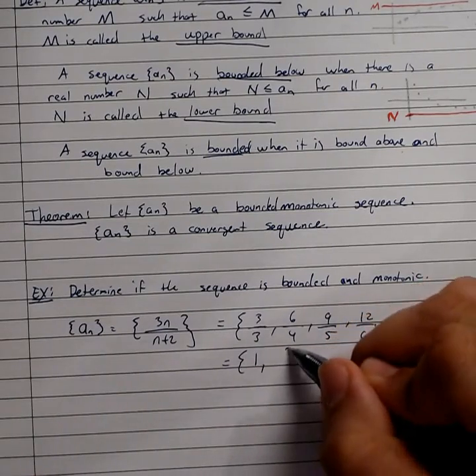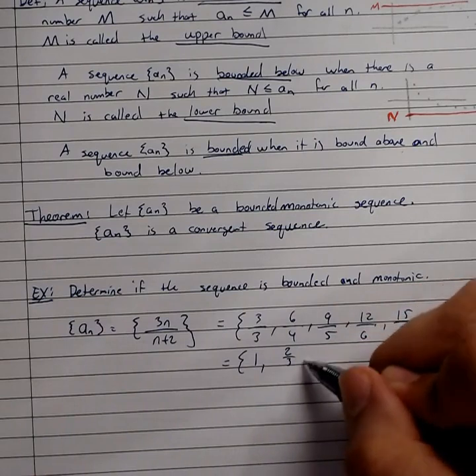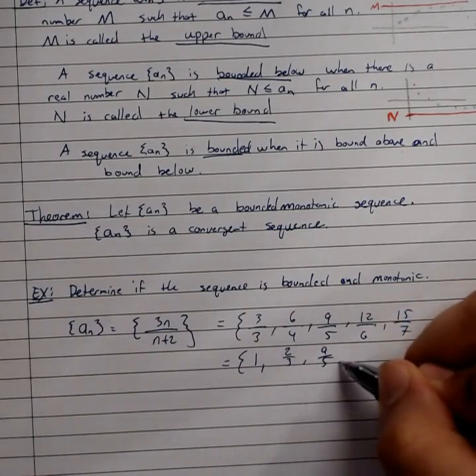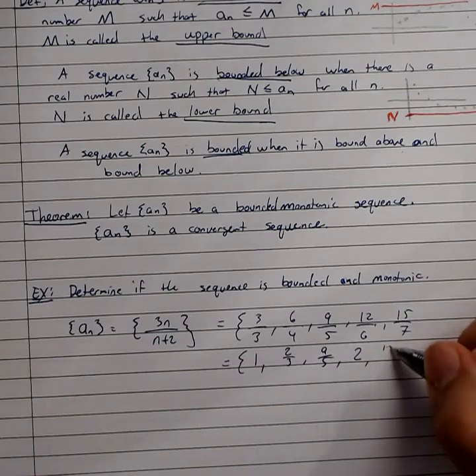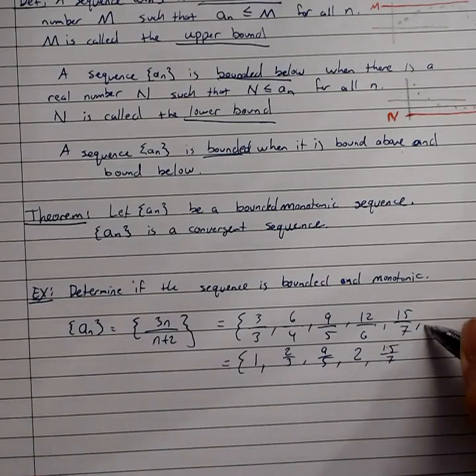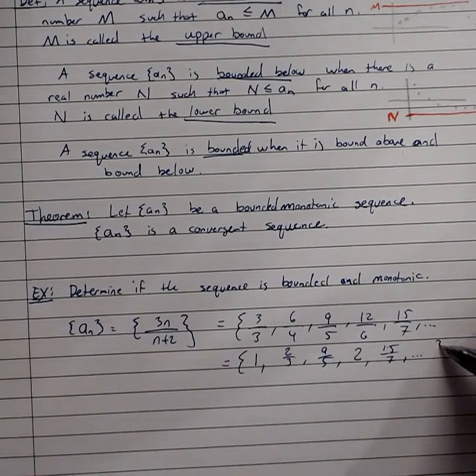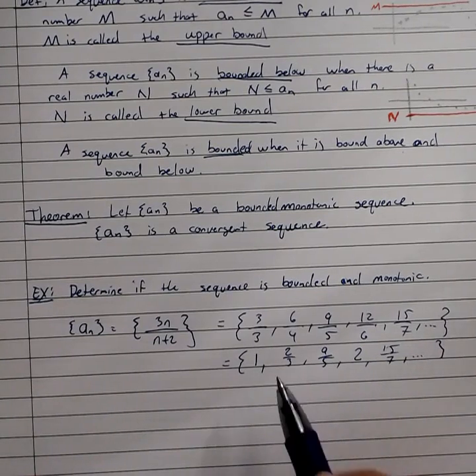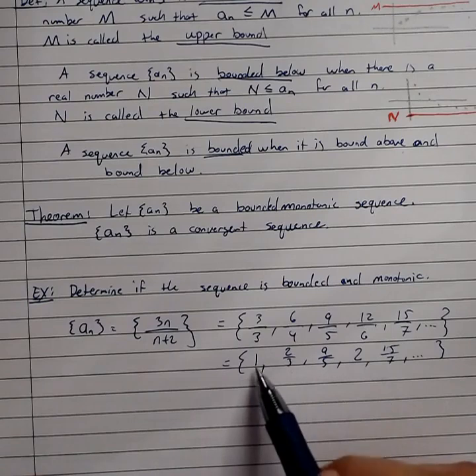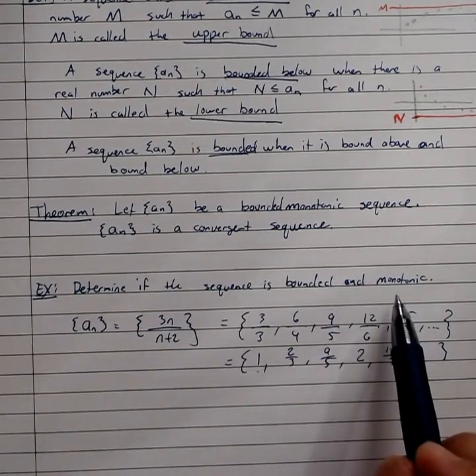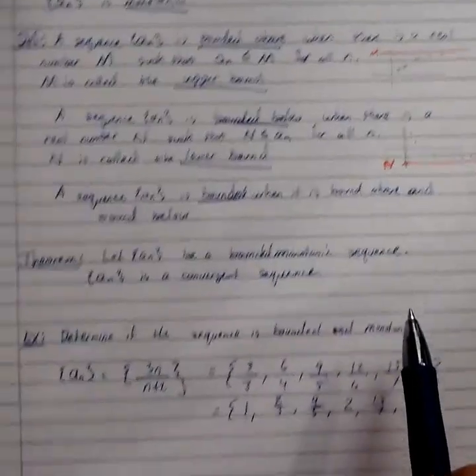That's going to be 1, that's 2/3, that's 9/5, that's 2, and that's 15 over 7. So right off the bat, I can tell that this is not going to be monotonic, because notice, this decreases first, and then it increases. It goes down and then up. Here, monotonic means it's always either non-decreasing or non-increasing.